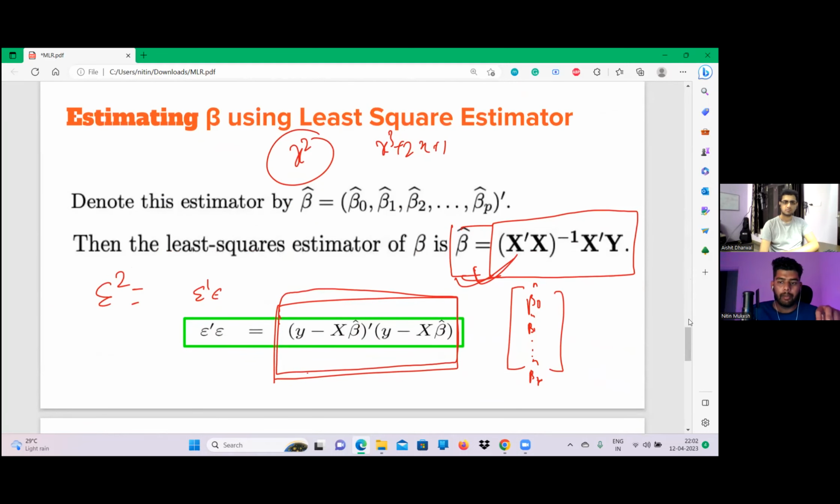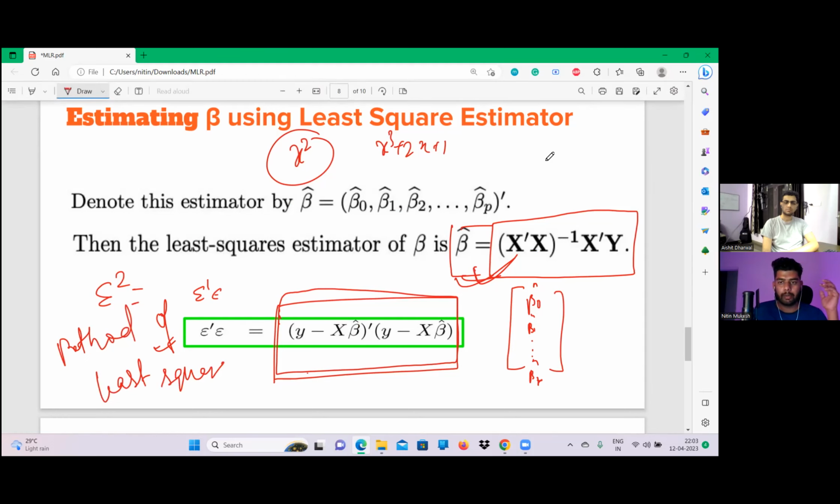Then we talked about estimating beta. We try to minimize this particular error square, which is also called the method of least squares. It is still the method of least squares, but we are talking about it in terms of matrices and vectors. In the last session I explained how the method of least squares can be understood intuitively.